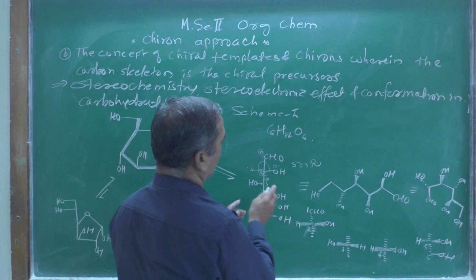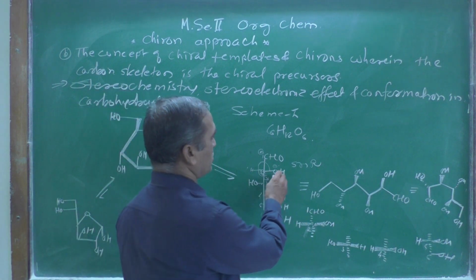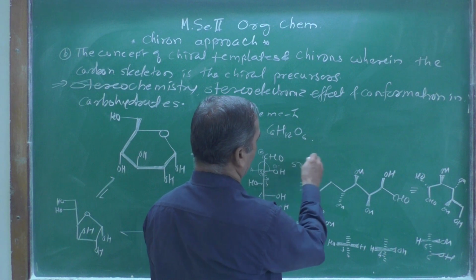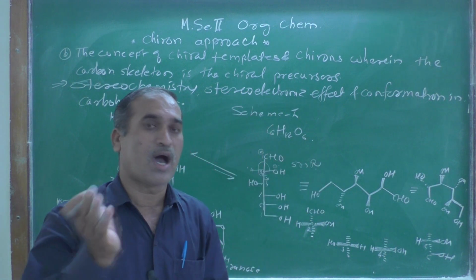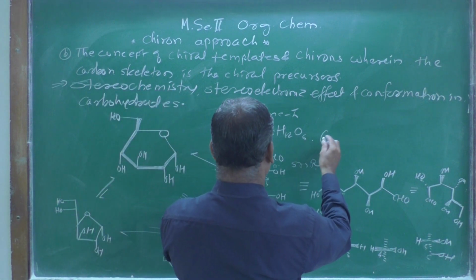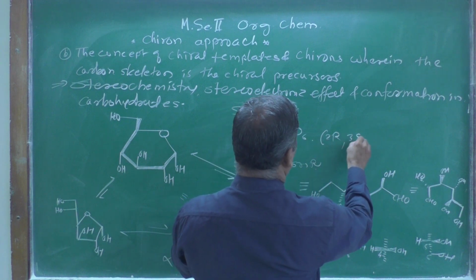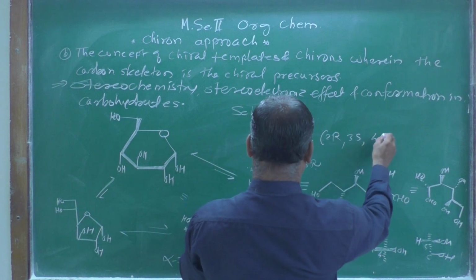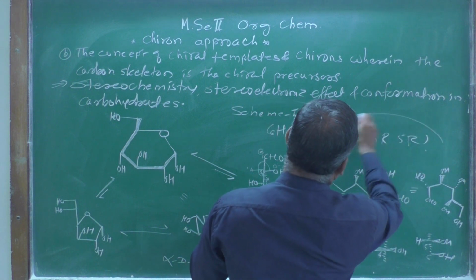Remember one trick: when OH is on the right hand side, that shows the R configuration. In glucose you can write 2R, then 3S, then 4R again, and 5R. These are the configurations.